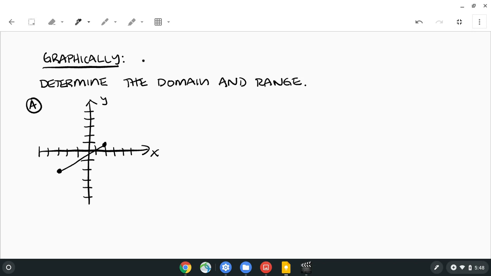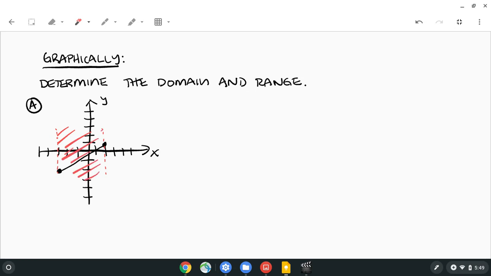So we start from this x value. Let me use a different color so you can see it. Okay, so we are starting from this x value, and we go all the way to this x value. Okay, and so pretty much all of the domain is in here.